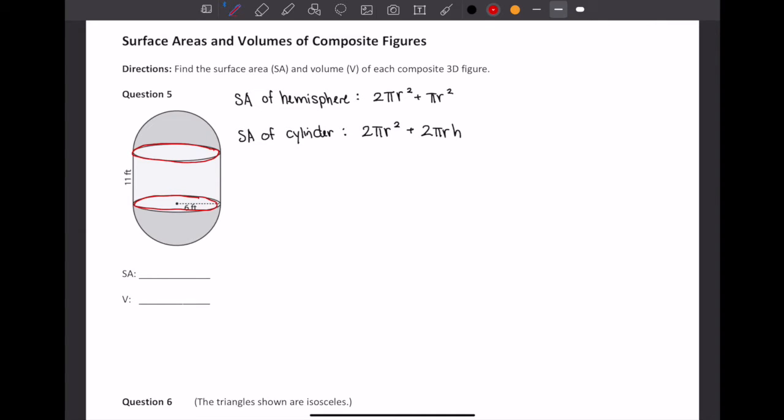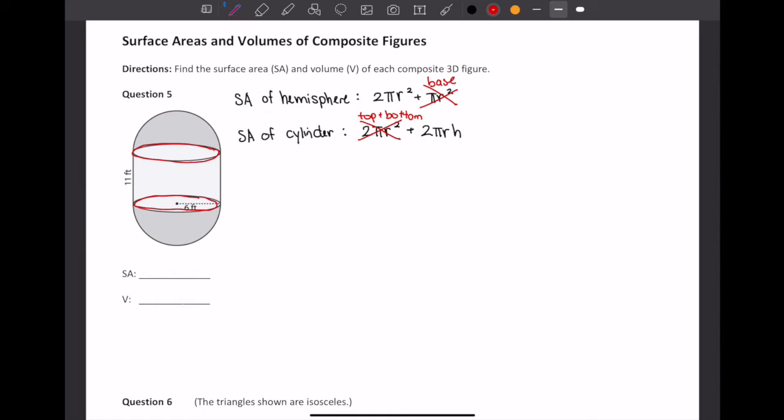So looking at our hemisphere formula, that pi r squared at the end is the area of that circle, so we don't want to include it in our total surface area formula. Similarly, the 2 pi r squared from the cylinder formula represents the top and bottom, so we don't need that.